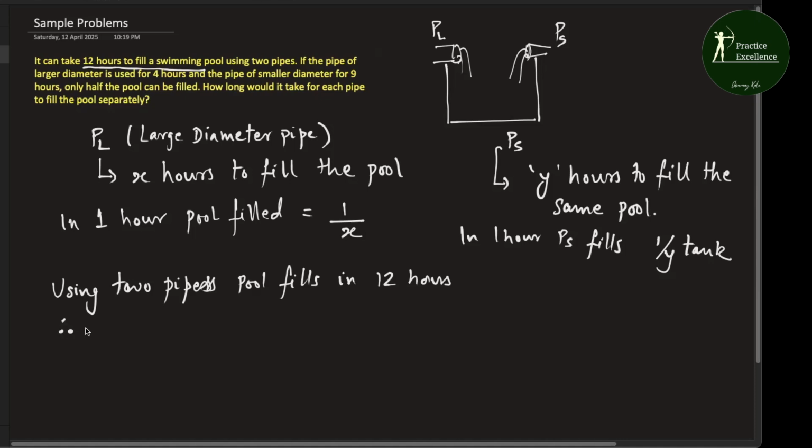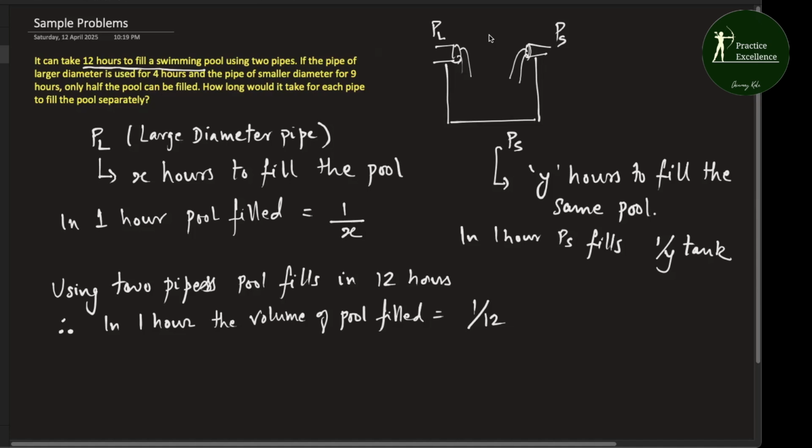So therefore, in 1 hour, how much of the pool will be filled? The volume of pool filled will be 1 by 12. So now do we have the first equation using this information?